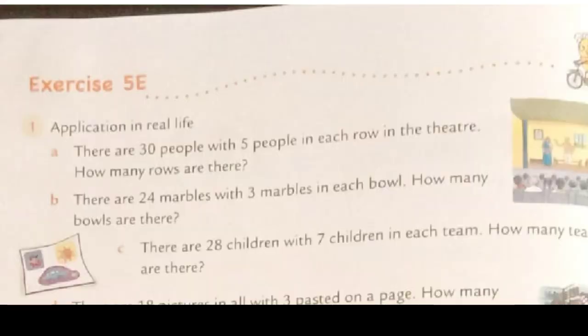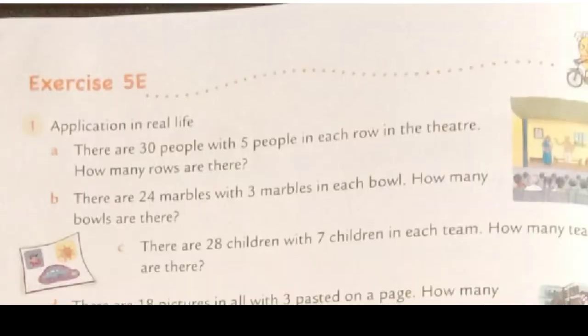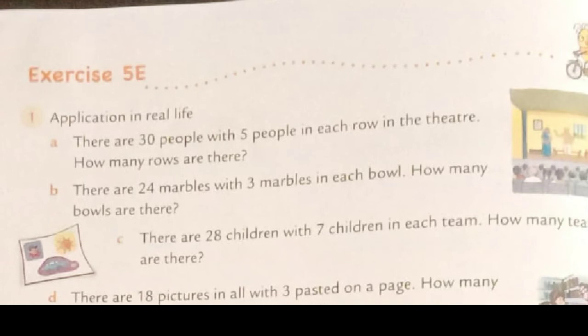So scholars, now we have reached our exercise 5E where we have to solve these story sums. It is given here, application in real life. How we can apply these things, division and multiplication, in real life. So let's see this with our question number A. There are 30 people with 5 people in each row in the theatre.